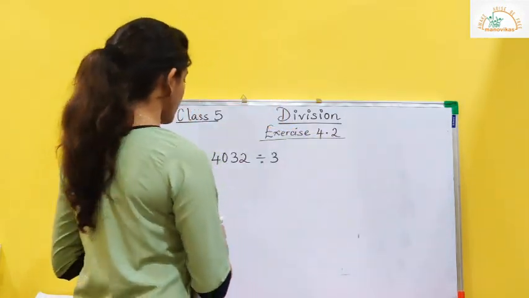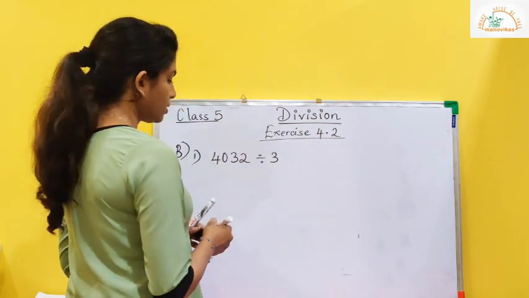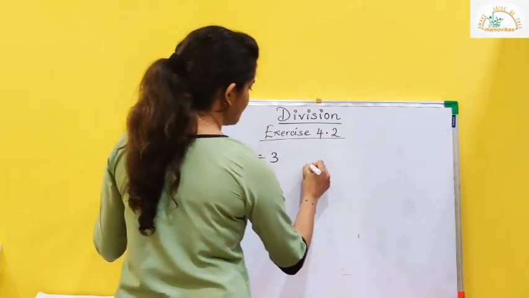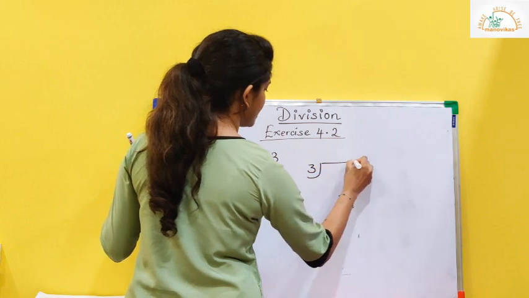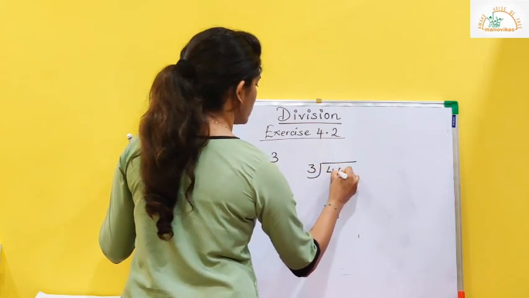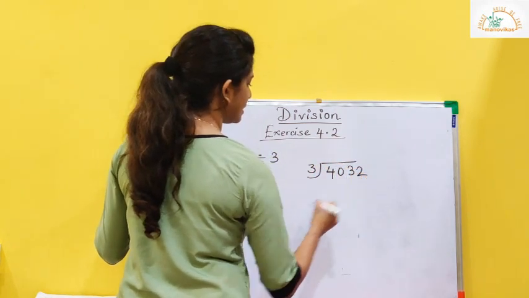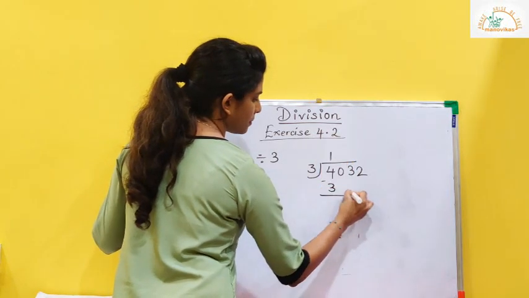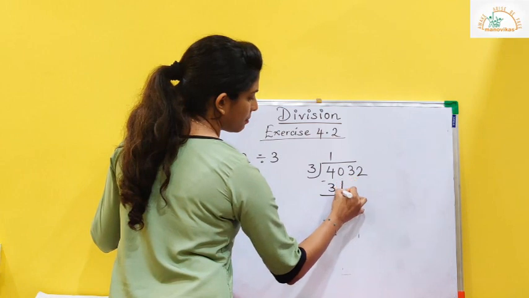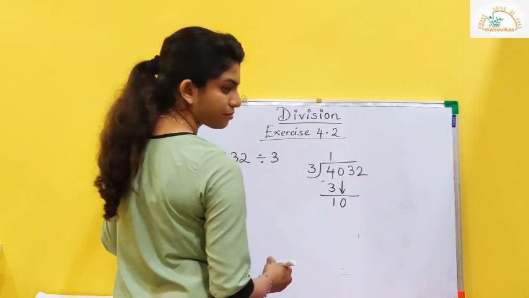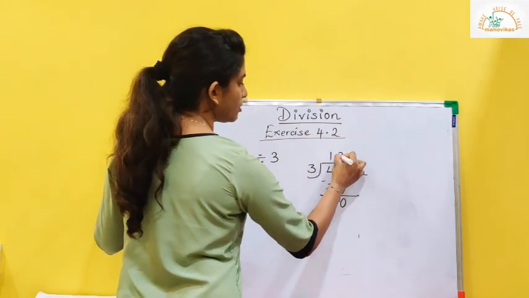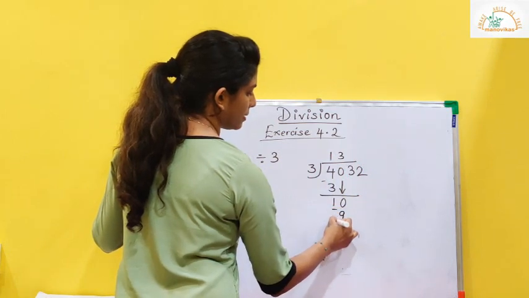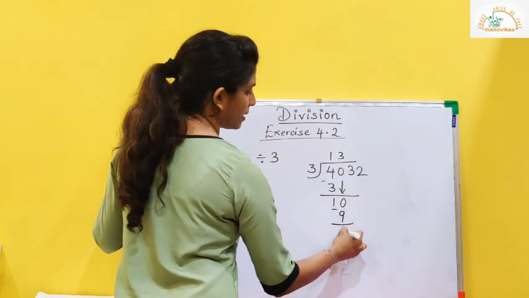Now let's solve exercise 4.2, the first one. 4032 divided by 3. So I place the numbers. 4032 divided by 3. 3 ones are 3. 4 minus 3, 1. Bring down 0. 3 threes are 9. 10 minus 9, 1.